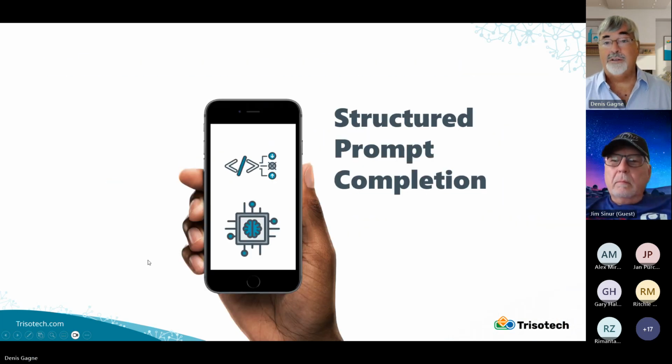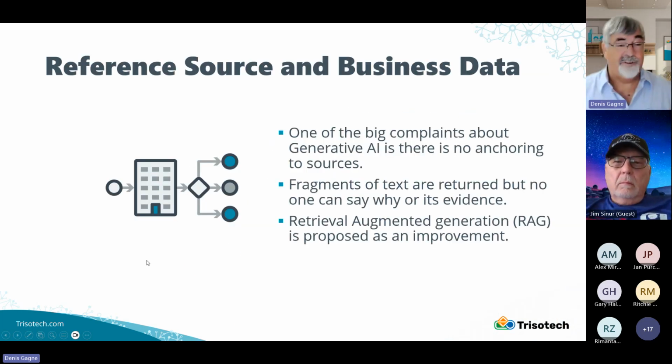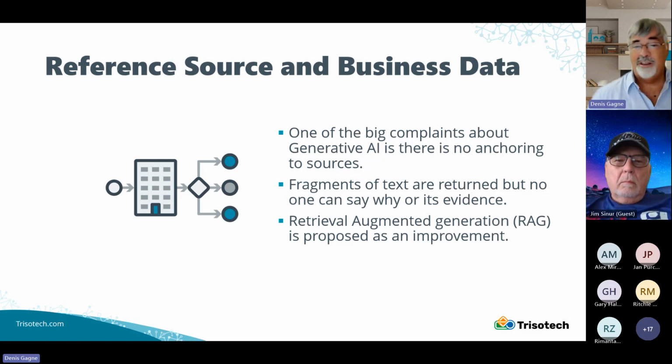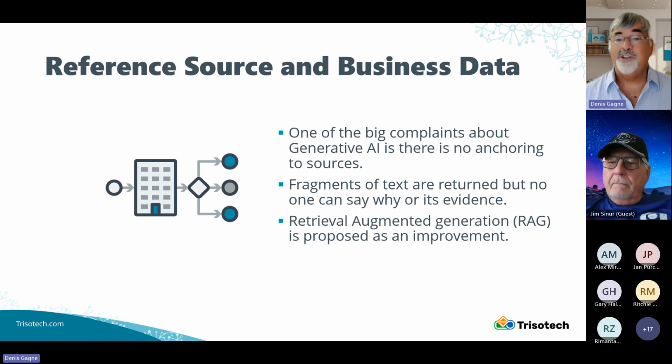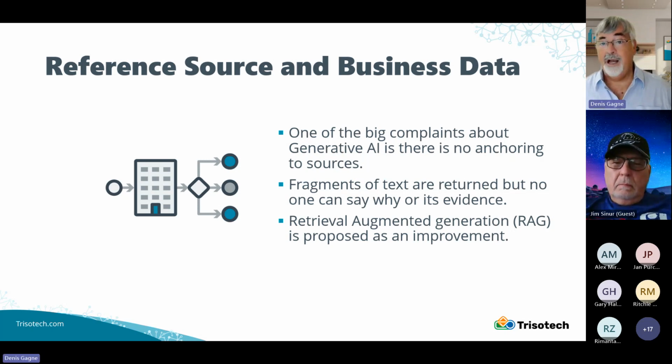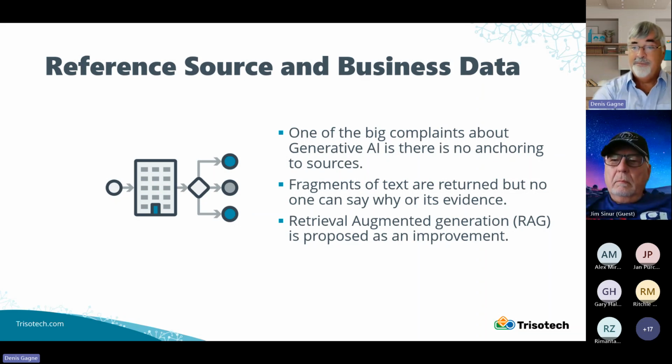So now another aspect that is very interesting and somewhat not perplexing anymore, certainly not on the research side, but on the business side, is that there's no anchoring of what ChatGPT produced on actual sources. So we get all kinds of return and completion, but without really referencing or details.